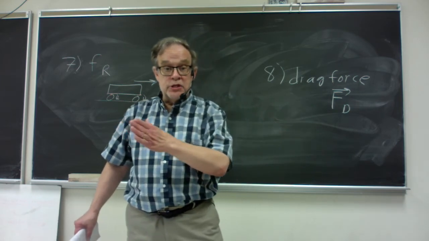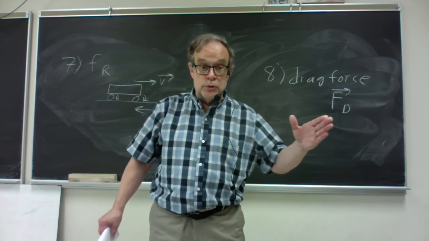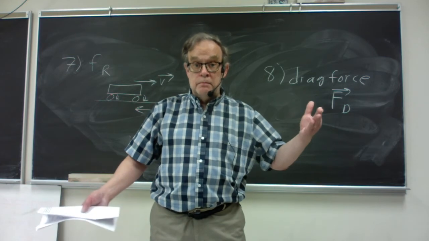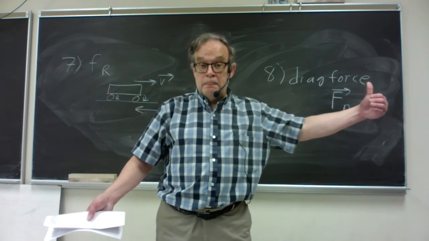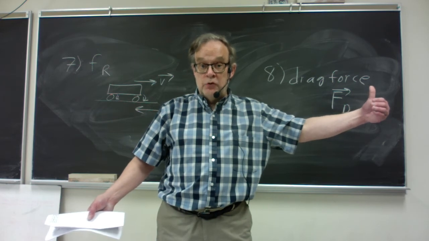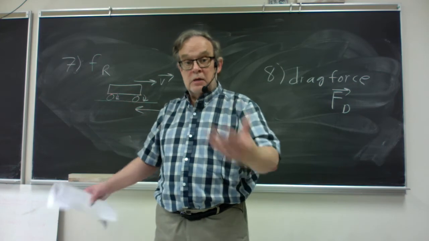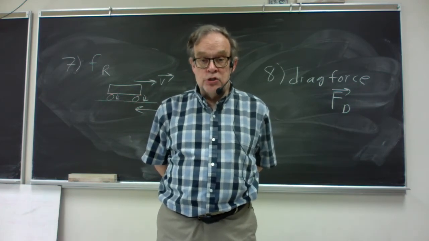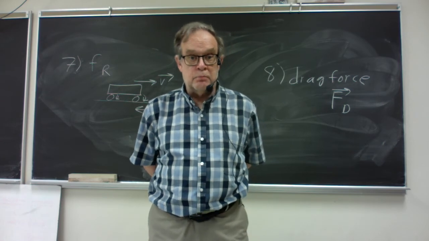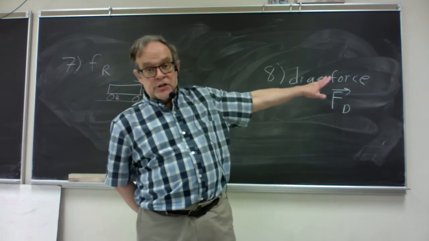And the net result of all those trillions and trillions of tiny little backwards pushes could be significant. There could be enough of those little backwards pushes to create a significant net backwards push. And that net backwards push, the sum of all the tiny microscopic pushes from each collision with a molecule, that's the drag force.